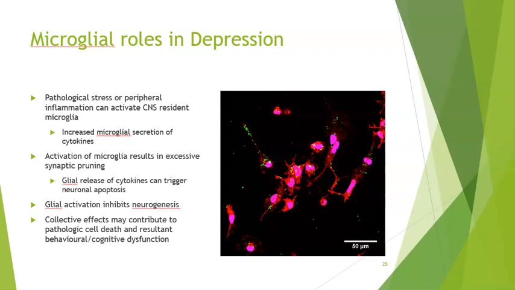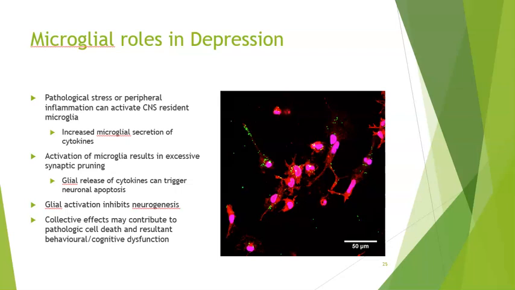And the activation then results in excessive synaptic pruning. So we'll actually remove some of those synapses, and with fewer synapses for our monoamines to act on, we're getting even less activation with those monoamines. So we're getting even less serotonin and even less norepinephrine.